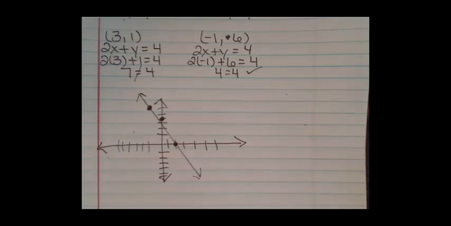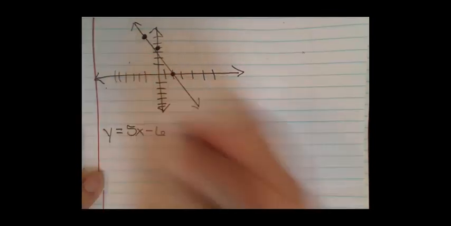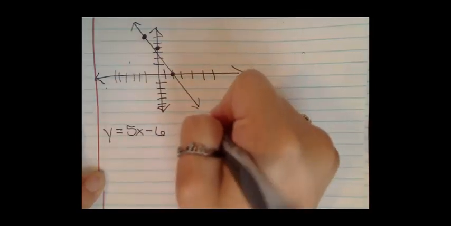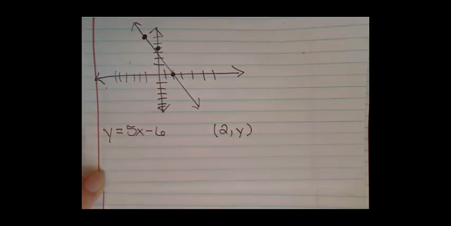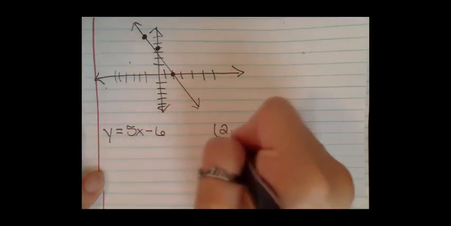Okay, there's one other type of problem that you're going to have on your homework, and I'm going to work one of them on this paper, and then I'm going to open up your homework so I can show you. You're going to be given an equation like y equals 5x minus 6, and then you're going to be given part of an ordered pair. It's going to say (2, y), and you need to find out what your y value is. It gives you your x value right here, because remember our ordered pairs are (x, y).